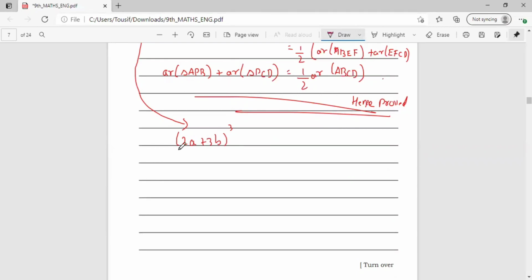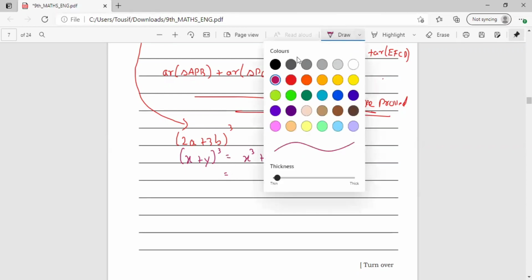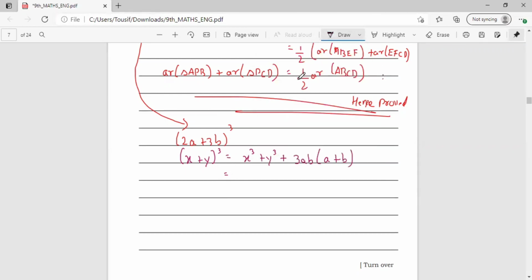The identity is x plus y whole cube is equal to x cube plus y cube plus 3xy of x plus y. This is the identity. So just identify the terms x and y from your question and substitute in your identity.